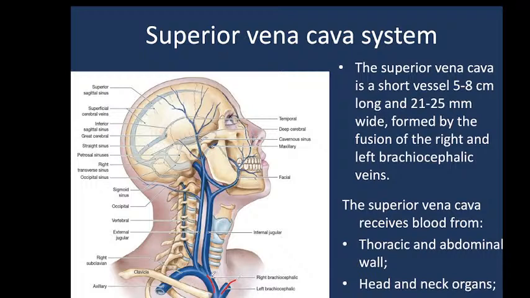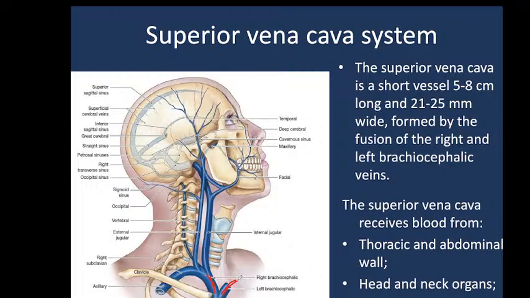As you see, 2 veins form the superior vena cava, and these veins we call right, here is right, and left brachiocephalic veins. Don't forget about these veins, because very often students during examination forget about them.